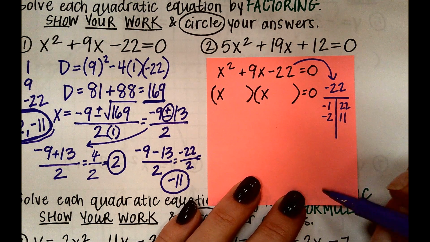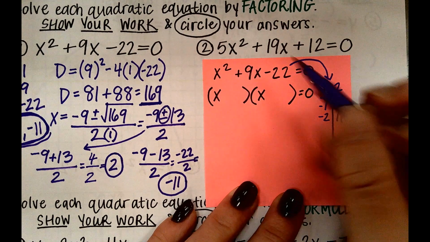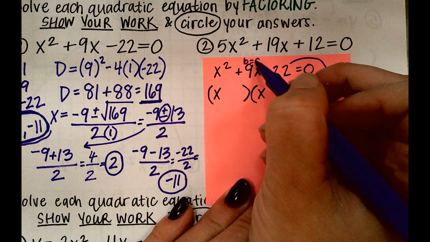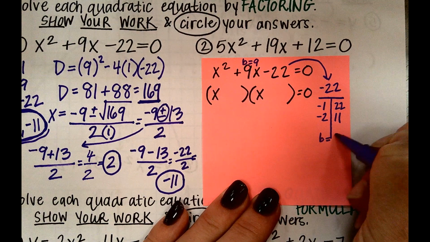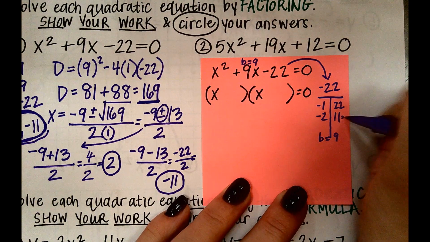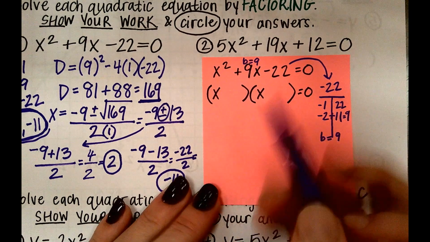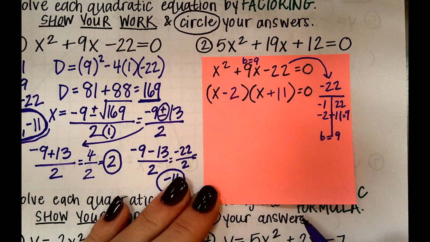Honestly, we could stop there, because negative 2 and 11 is the right answer. We want numbers that add up to b, which is 9. And negative 2 plus 11 is 9.